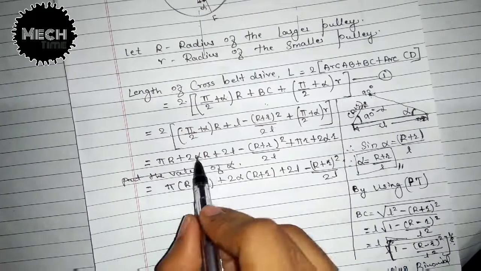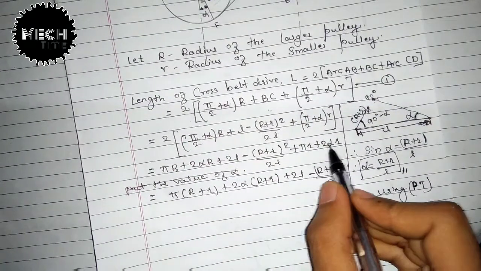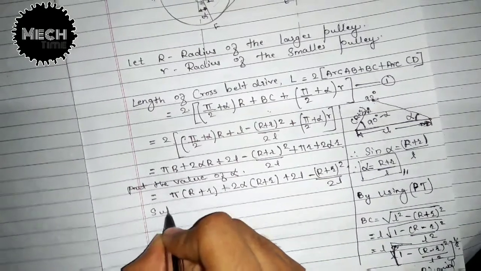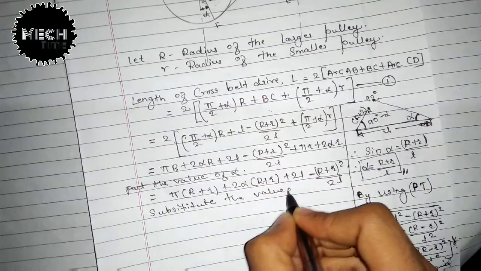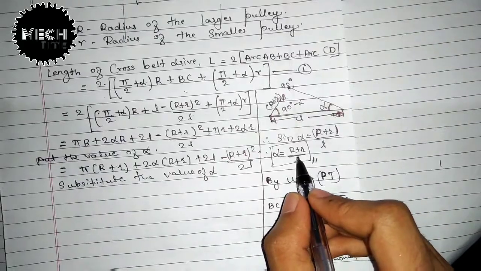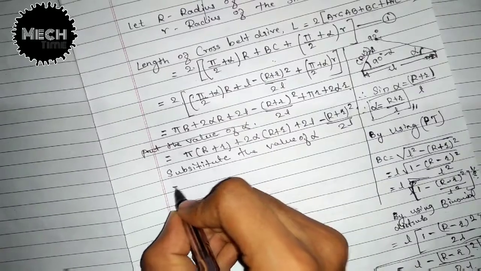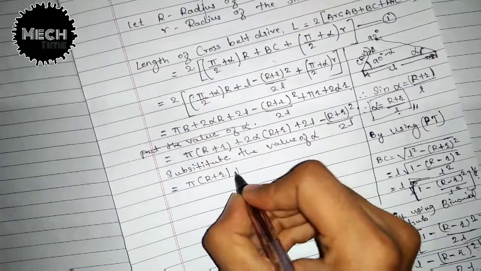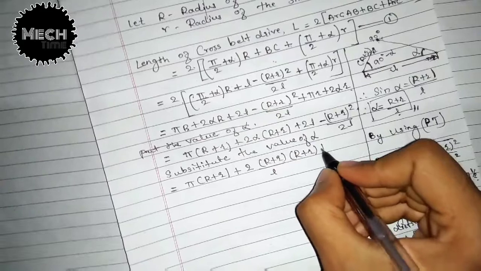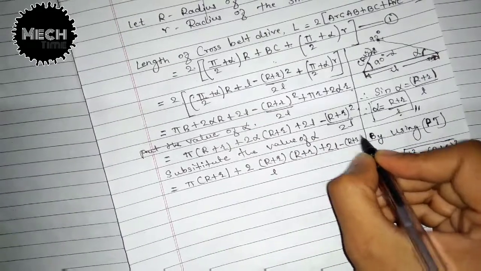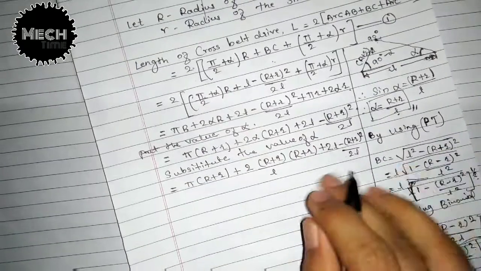We found that alpha is equal to (capital R plus small r) by L. So put that in the above equation: pi (capital R plus small r) plus 2 into (capital R plus small r) by L into (capital R plus small r) plus 2L minus (capital R plus small r) whole square by 2L.